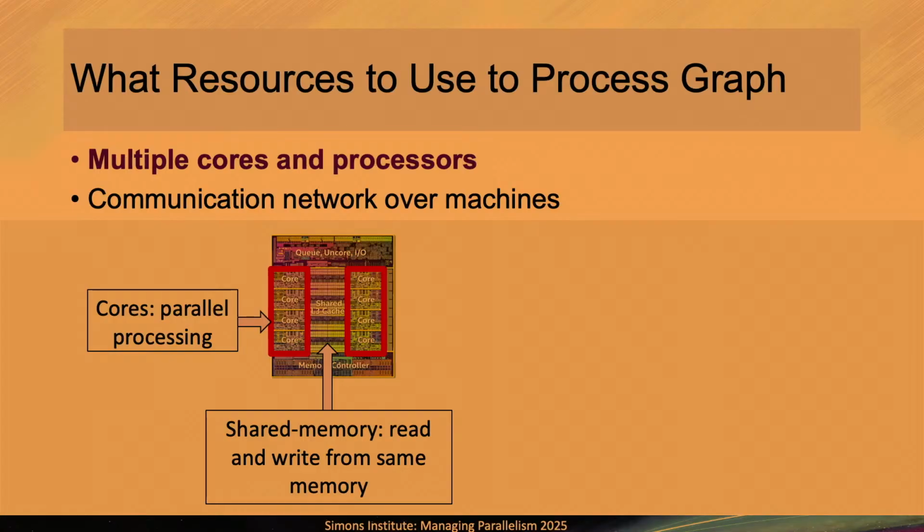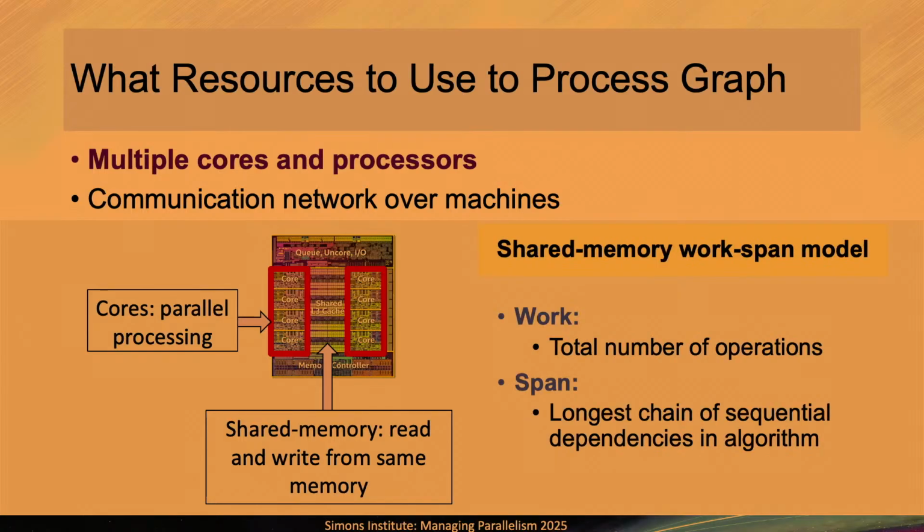I'm sure everybody here has seen some form of this picture before. You have cores, which are your processing units, and they read and write to the same shared memory. The model we generally care about here is the shared memory work-span model. Work is the total number of operations, and span is the longest chain of sequential dependencies in your algorithm.